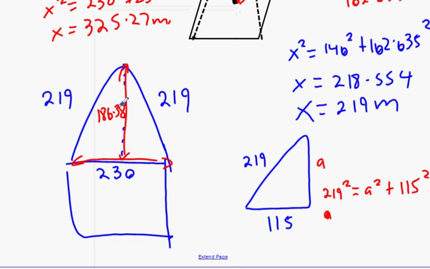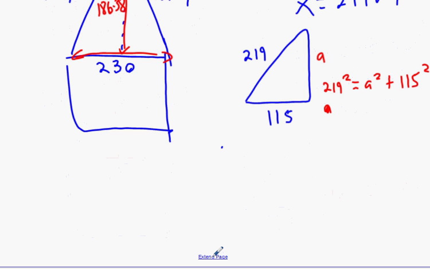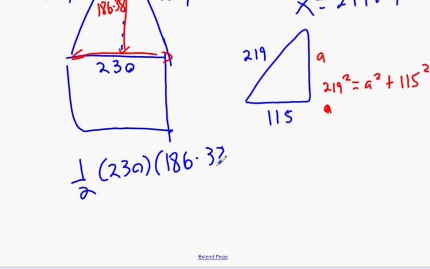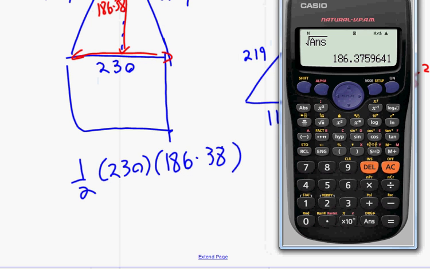Now, what's the area of this triangle then? Half 230 by 186.38. That's the area of one triangle.